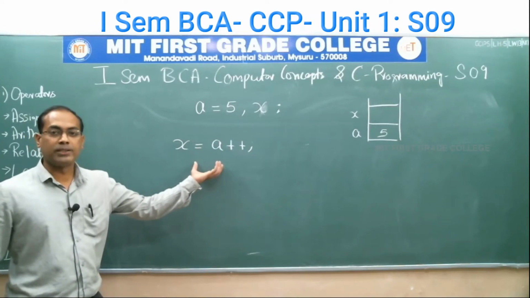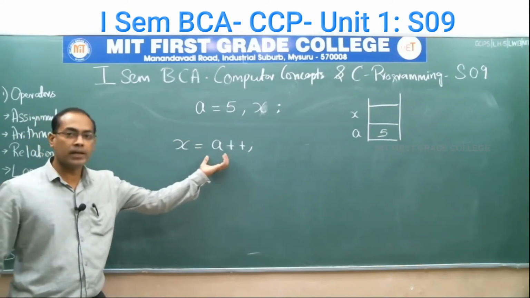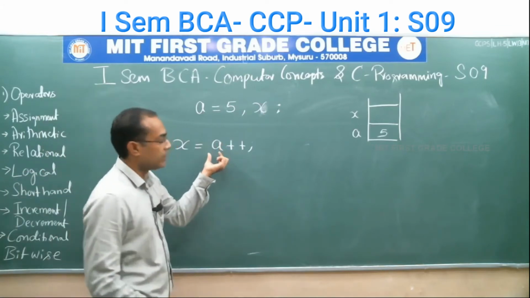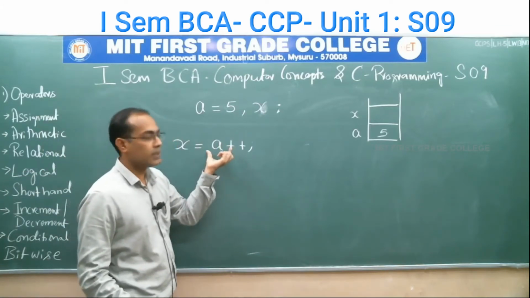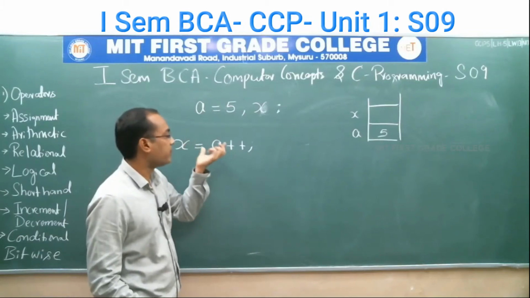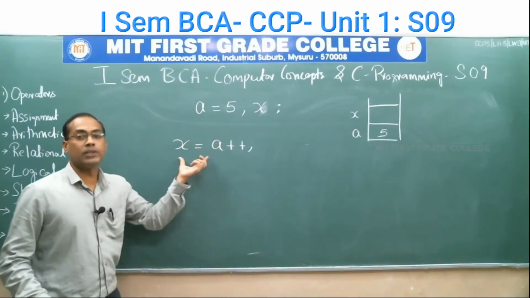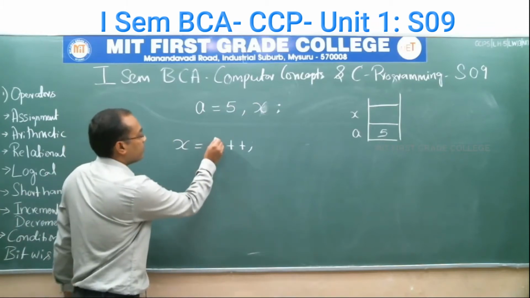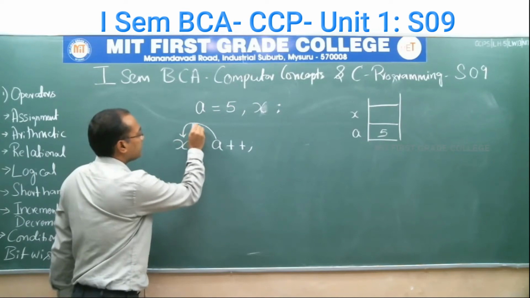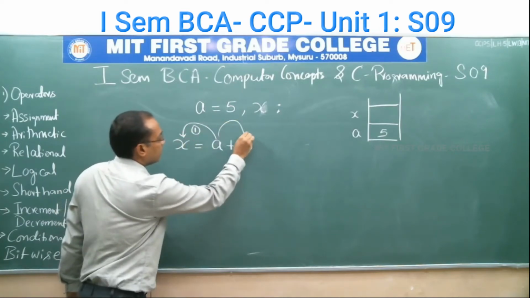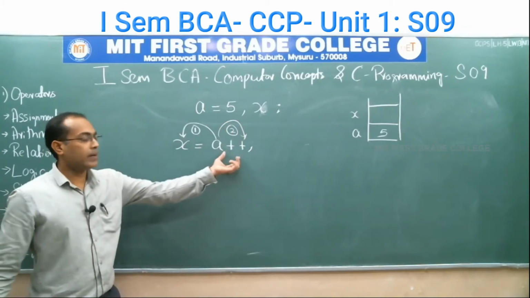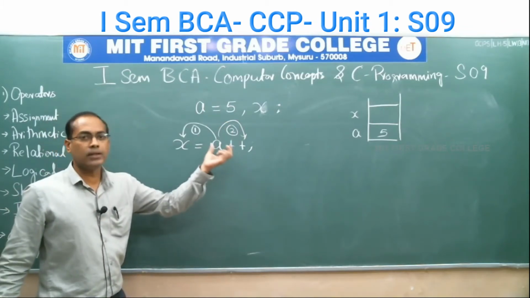What type of operation are we performing? We are performing a post increment. So we need to increment the value A plus plus in the post form. What does post form mean? When this kind of situation arises, always first the value of A will be assigned to X and then it will be either incremented or decremented depending on the operator used.